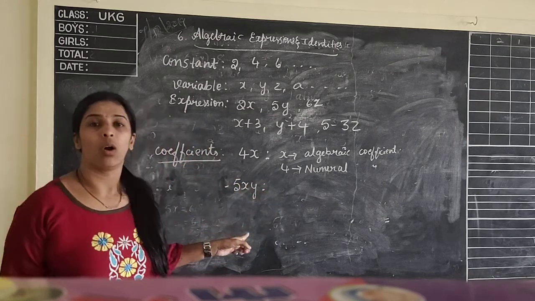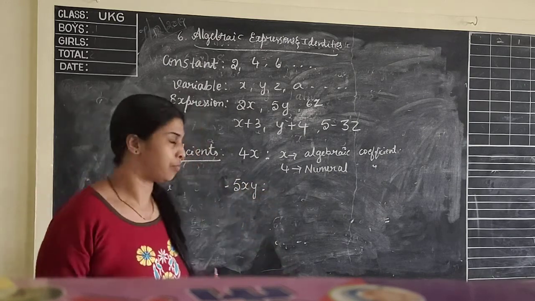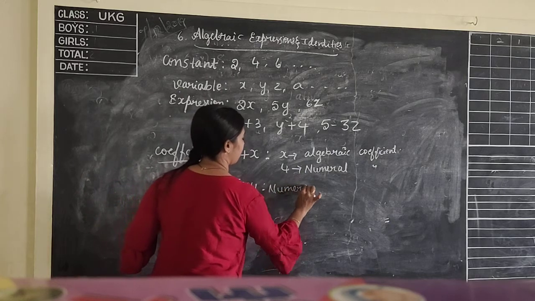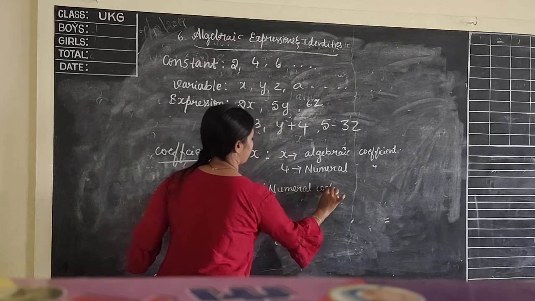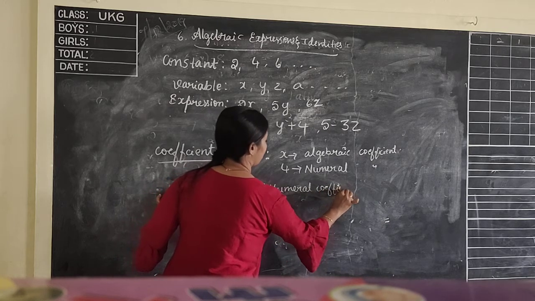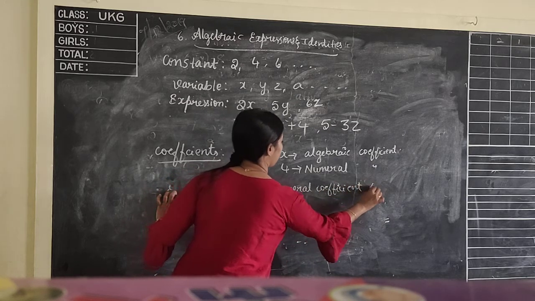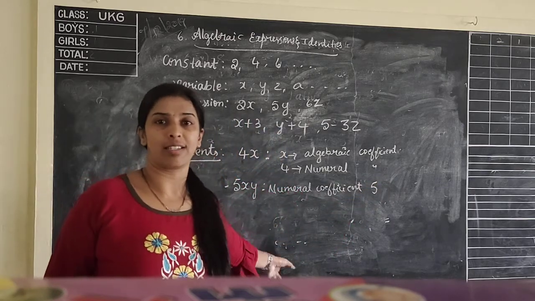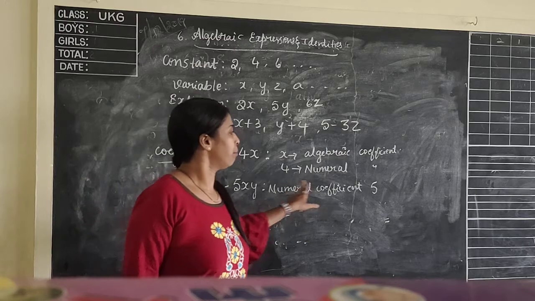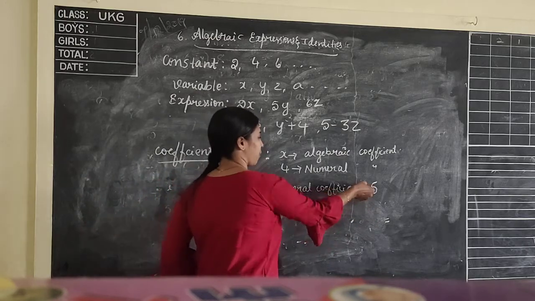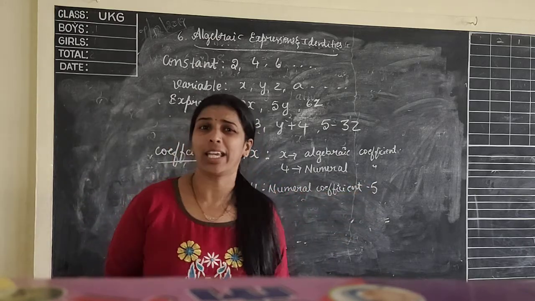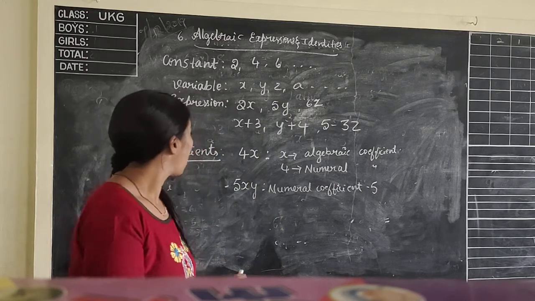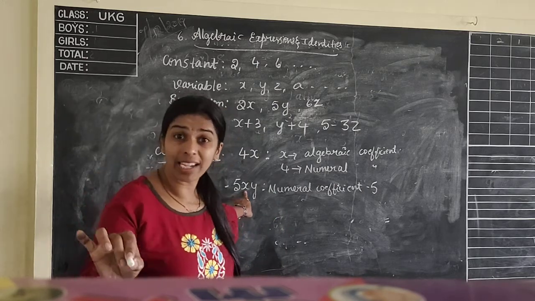They may ask, what is the numeral coefficient here? What is the algebraic coefficient in this? xy. Or you can write -5 here. Or they may ask, without mentioning algebraic or numeral, just what is the coefficient of x?